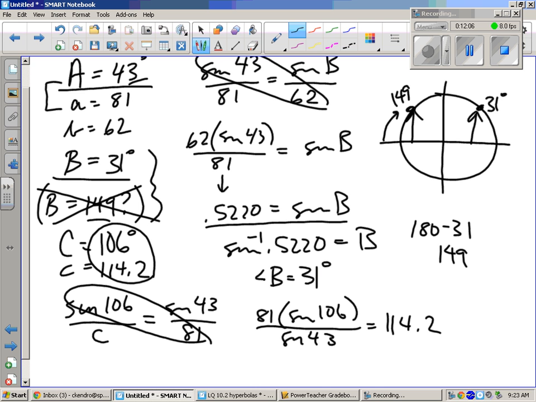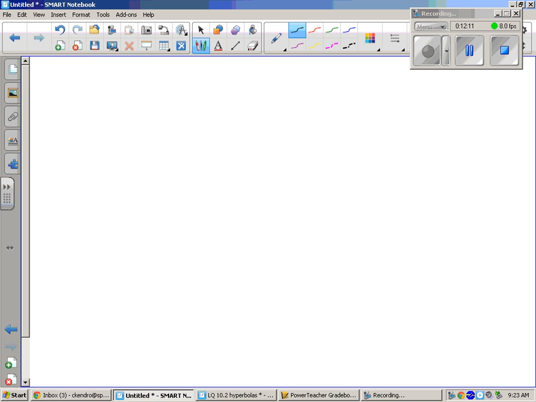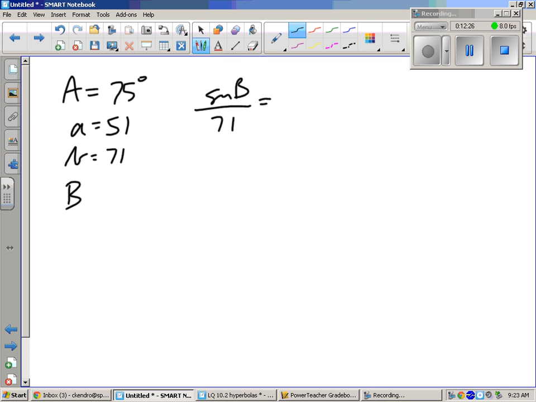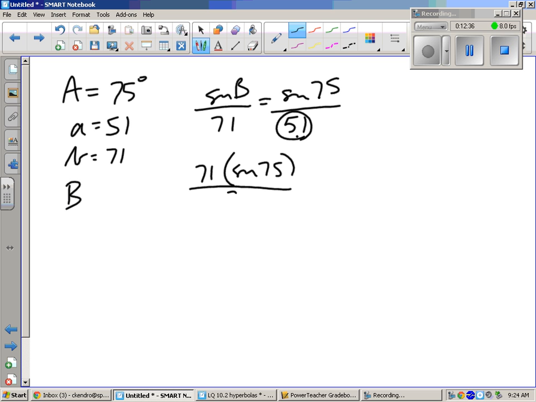Okay, so let's try another one. Let's say I have angle A equals 75 degrees. Little a is 51, little b is 71. So first thing we do is try to find angle B. So sine of angle B over 71 is sine of 75 over 51. Cross multiply 71 times sine of 75, divide by that third one.